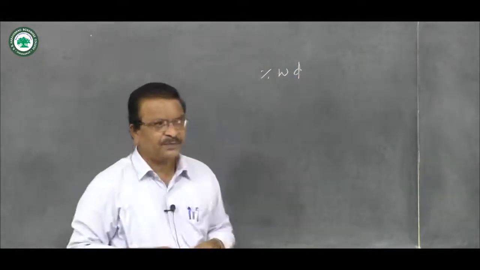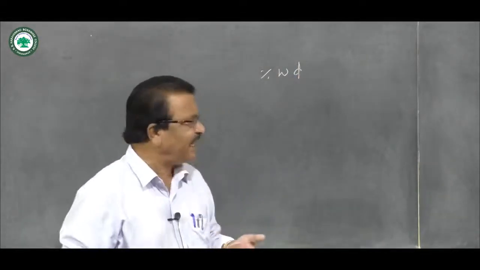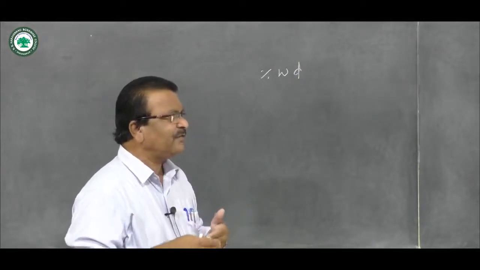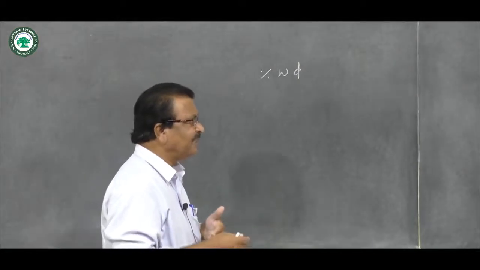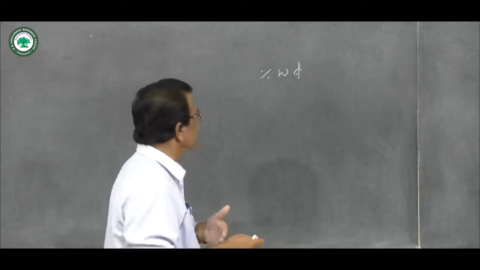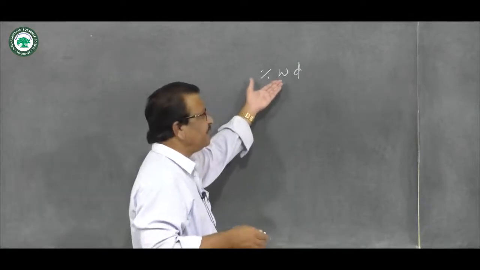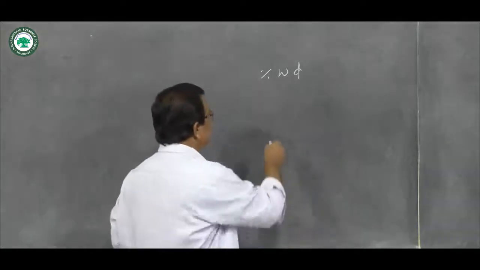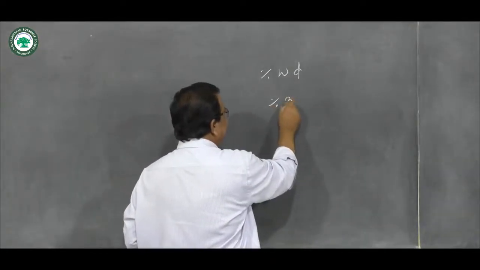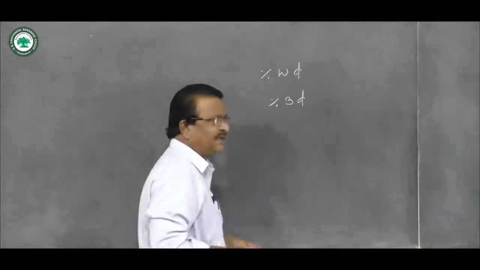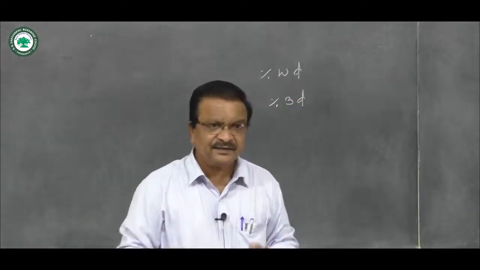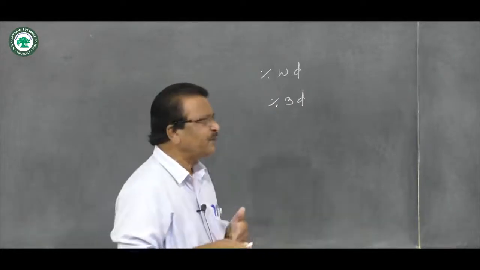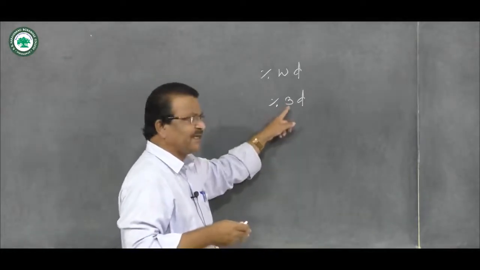You can limit the number of characters in a field by specifying its width, and I am specifying the width of decimal integers as %wd. An example is %3d. %3d means I can enter a data item having a maximum width of 3 characters or less.